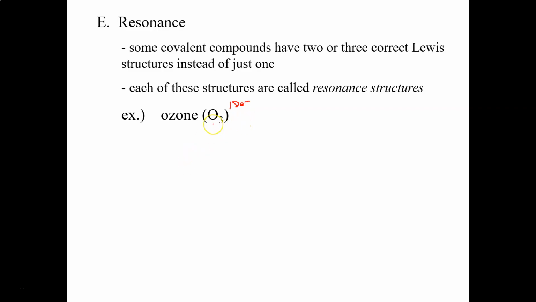Now, what goes in the middle? We decided that was pretty easy. There's an O, and then there's an O. Which one goes in the middle? The O, right? So if O is in the middle and I have 3 of them, means the other 2 have to be on the outside of that. All right, okay, so now I got to fill in single bonds, right?